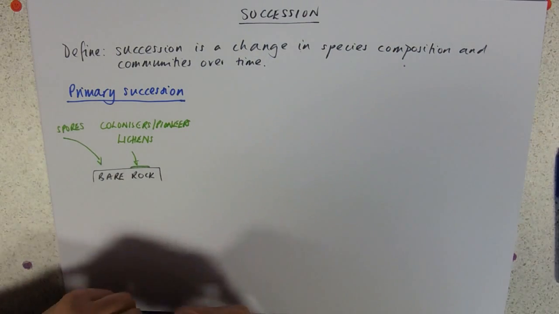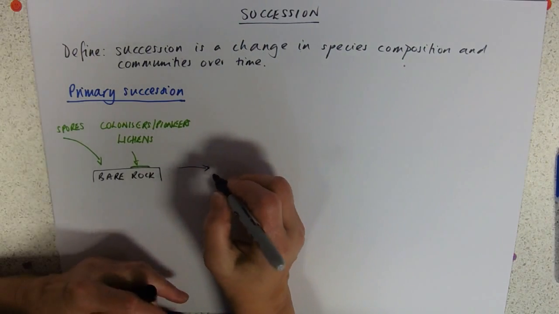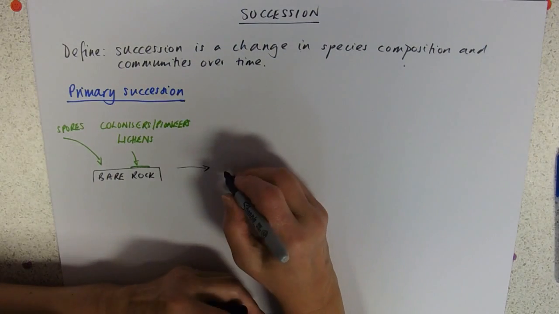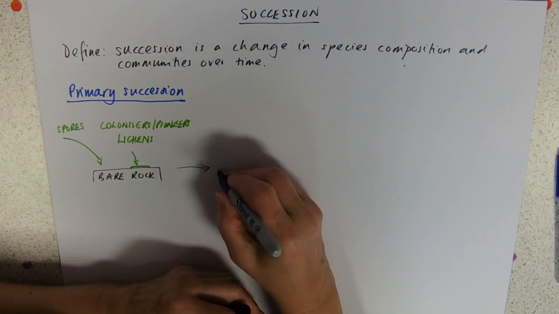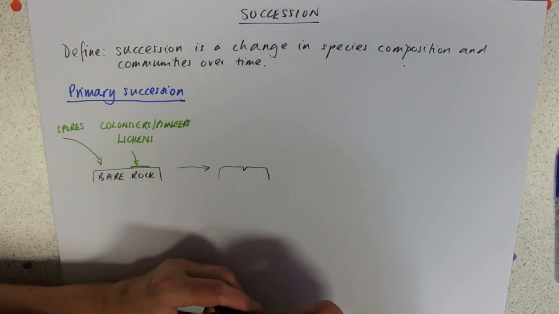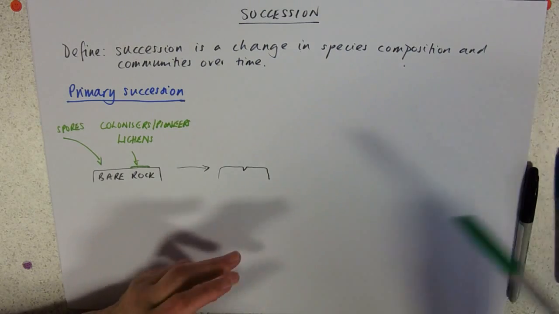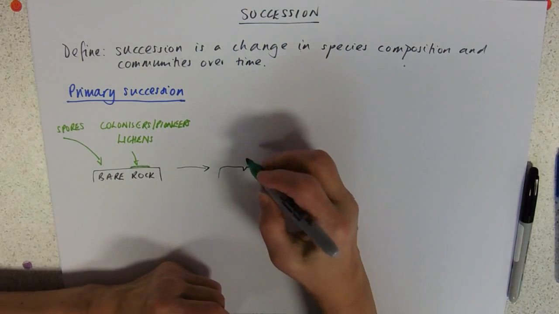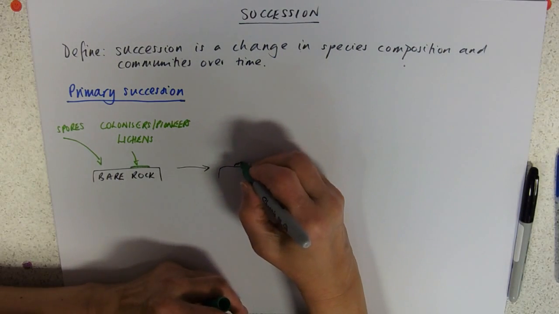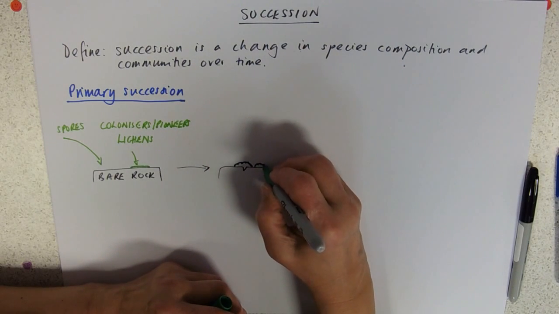After a number of thousands, possibly millions of years, they have broken down enough so that your bare rock may have had a bit of erosion, and you might get quite small cushiony mosses inhabiting those areas.